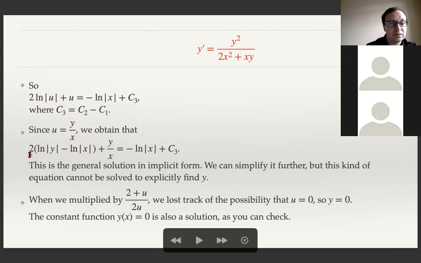So we get 2 times this plus y over x is equal to minus natural log of absolute value of x plus C3. This is the solution in implicit form, and we cannot go any further to make it explicit. Of course, we can still do algebraic manipulations to make it look nicer, for example add natural log of absolute value of x to both sides and multiply both sides by x and so on. But that's still not going to make the solution explicit.